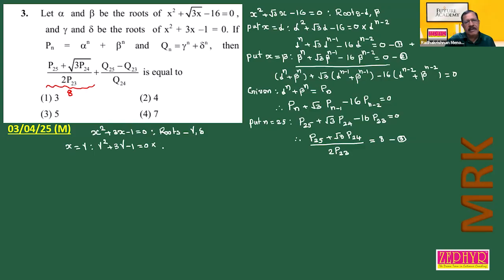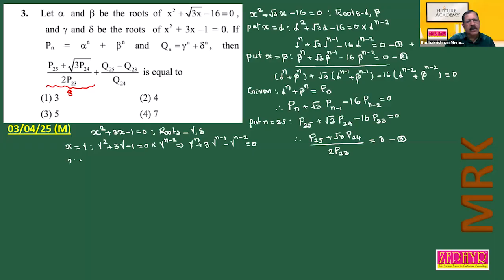You multiply same way, gamma raised to n minus 2. You will be getting gamma raised to n plus 3 into gamma raised to n minus 1 minus gamma raised to n minus 2 equal to 0.